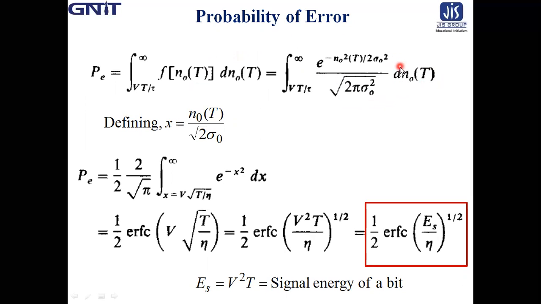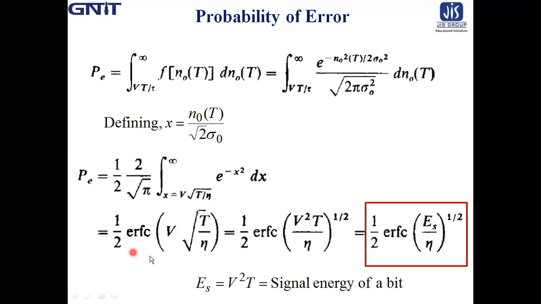Now how to solve this problem? Define x equal to n0(T) by square root of 2 sigma 0. Therefore, probability of error equal to half into 2 by root pi, integral from x equal to V into square root of T by eta to infinity, e to the power minus x squared dx.